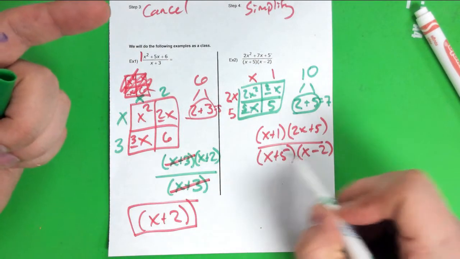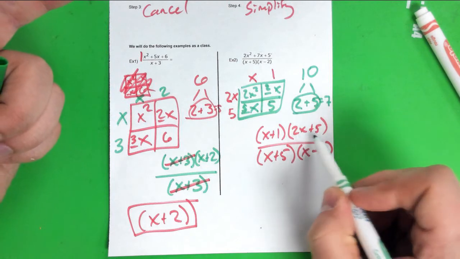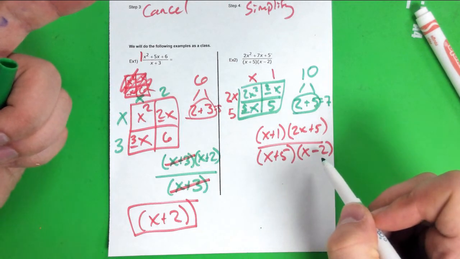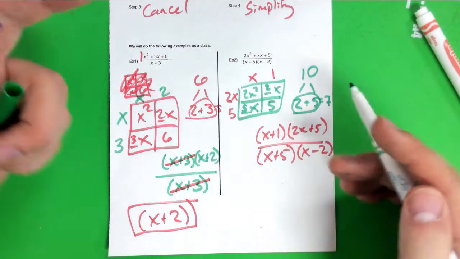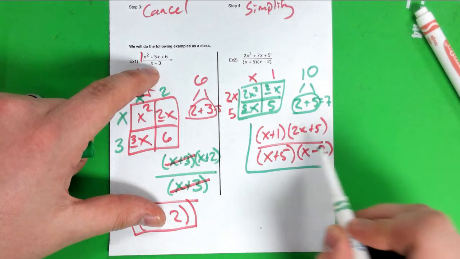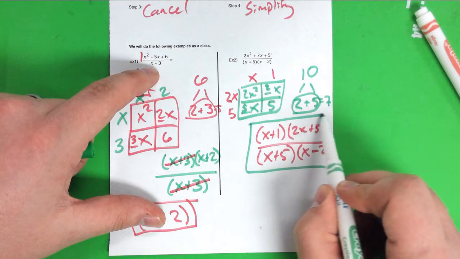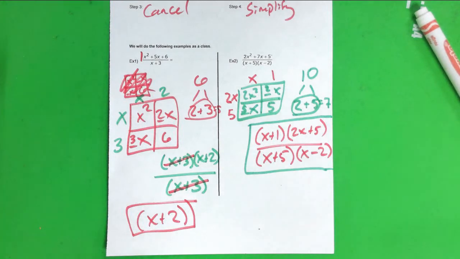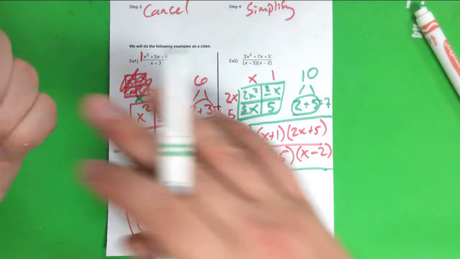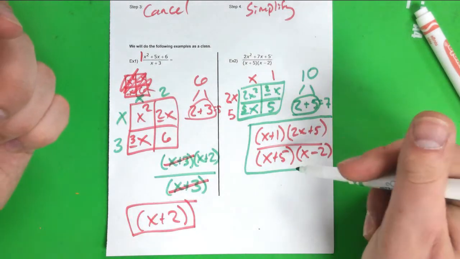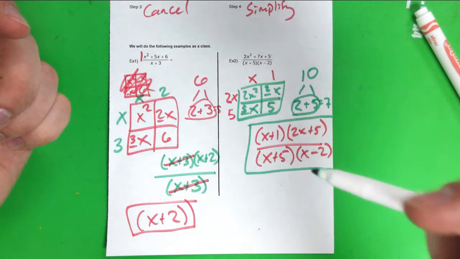X plus 1, I don't see an x plus 1 down here. 2x plus 5, I don't see a 2x plus 5 down here. That's as far as we can go. We basically just factored. That might happen sometimes. You might end up with factors that don't match. So make sure you're not canceling out unless they exactly match.